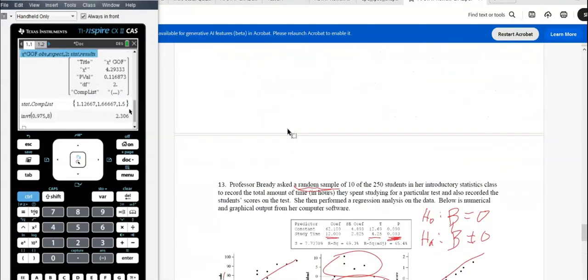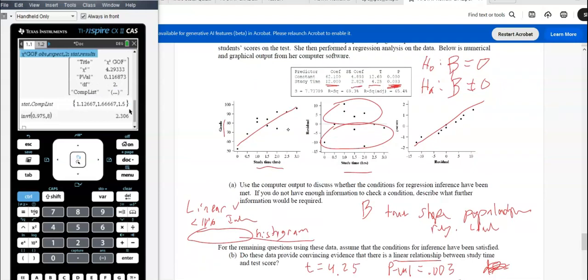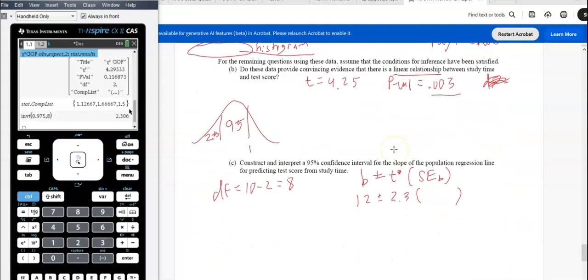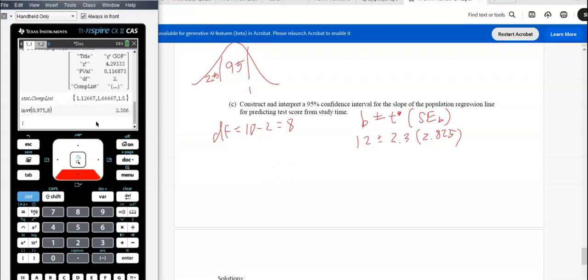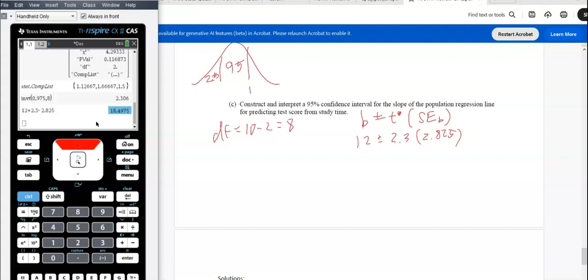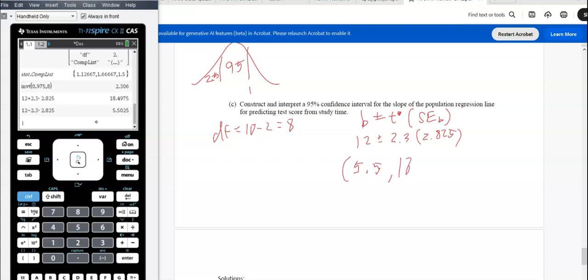So standard error of the slope was this guy right here, 2.825. So you're going to type that into your calculator at this point. So 12 plus 2.3 times 2.825. Change that to a minus. So we have an interval from 5.5 to 18.497. Okay, so we have an interval.